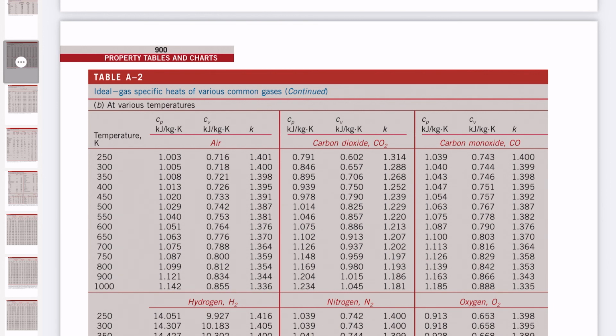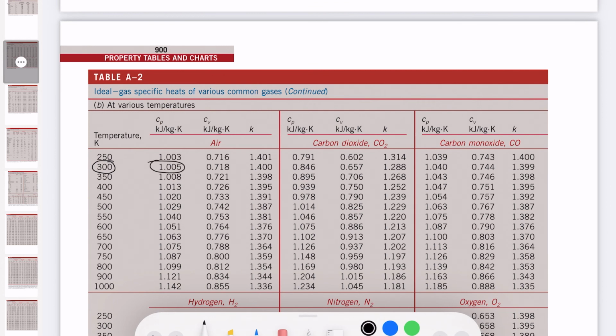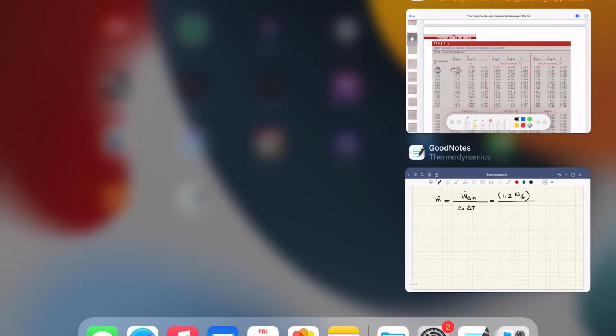So when we average the temperature, 47 plus 22 over 2, and convert it to Kelvin, we notice that the temperature is approximately 300. So that's the reason we read the specific heat value for ourselves in this question.